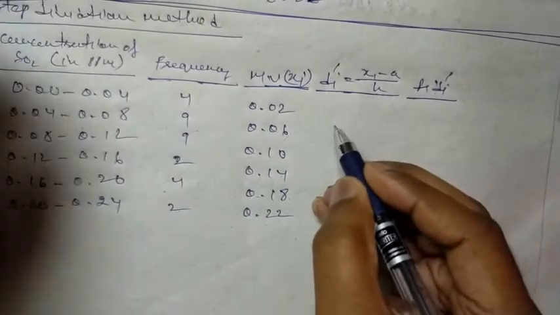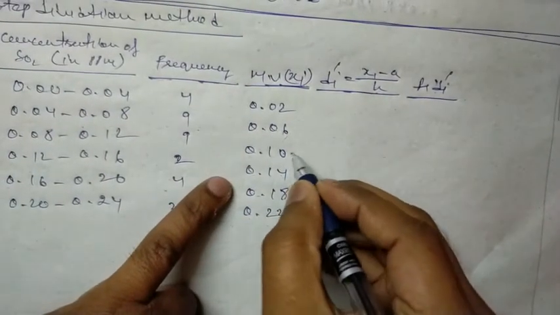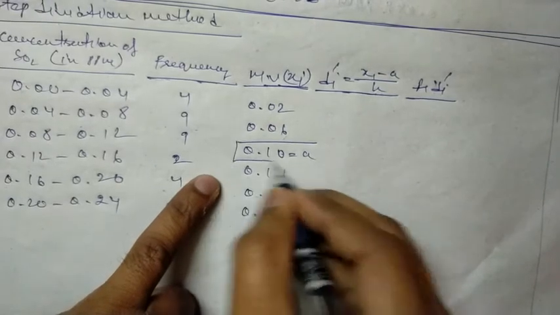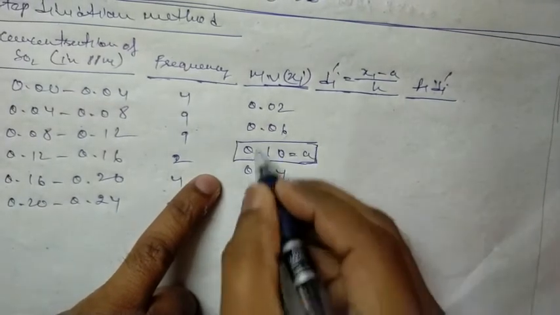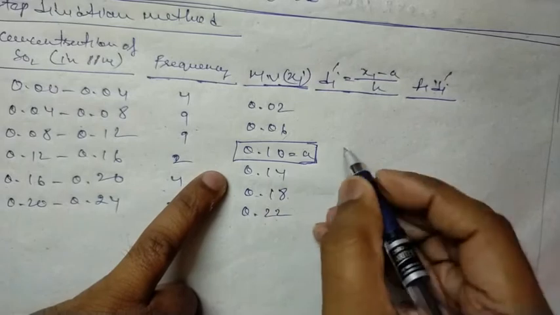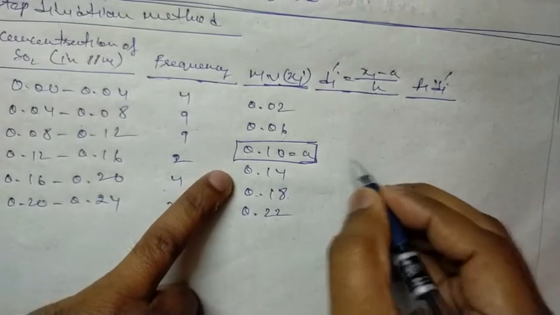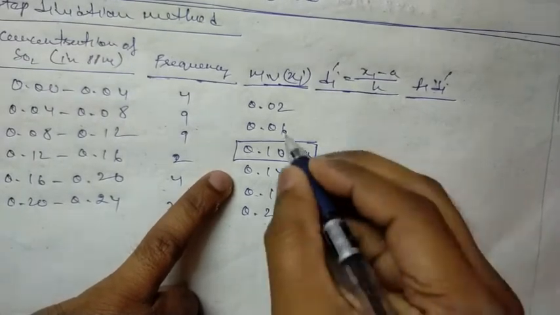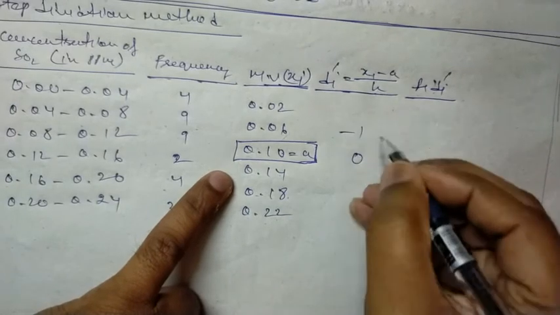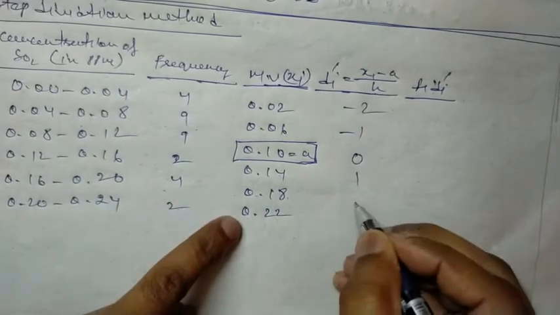Now here we have to take an assumed mean. We have taken this one as the assumed mean. We can take any value as the assumed mean, we'll get the same answer. In step deviation you don't have to calculate, you just write -1, -2, then 0, 1, 2, 3.